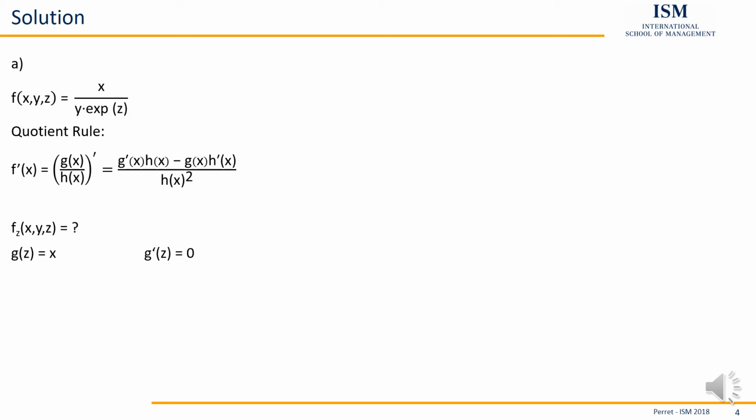If we combine these 4 functions, we get the derivative of g, so 0 times h, 0. Then minus g times derivative of h, so minus x times y times exponential function of z. All of this divided by y times exponential function of z, in parentheses to the power of 2, making it look like this part here.